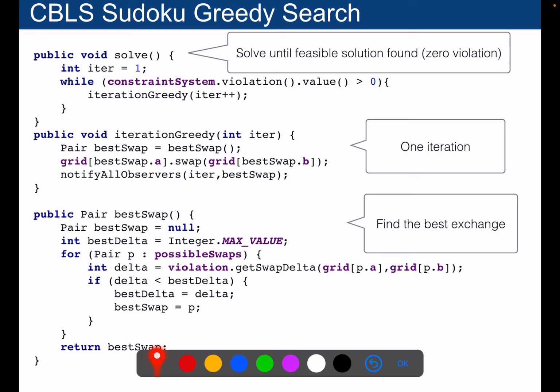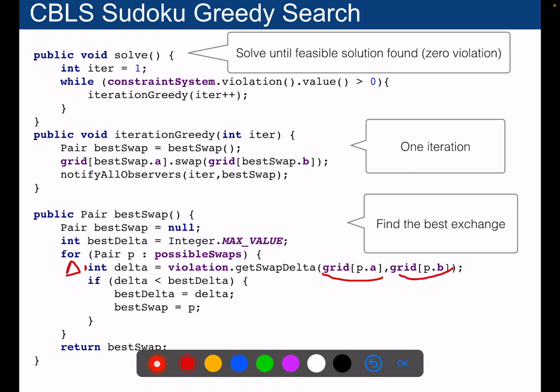A and B are the two values inside my pair. Okay. And the way I will discover the best swap is simply that I will iterate over all the possible swaps that I have. If you remember from the previous slide, I have pre-computed all of them at the beginning. I consider all the possible swaps. I compute what is the delta. So how much would my objective function change if I would exchange these two variables? Okay.